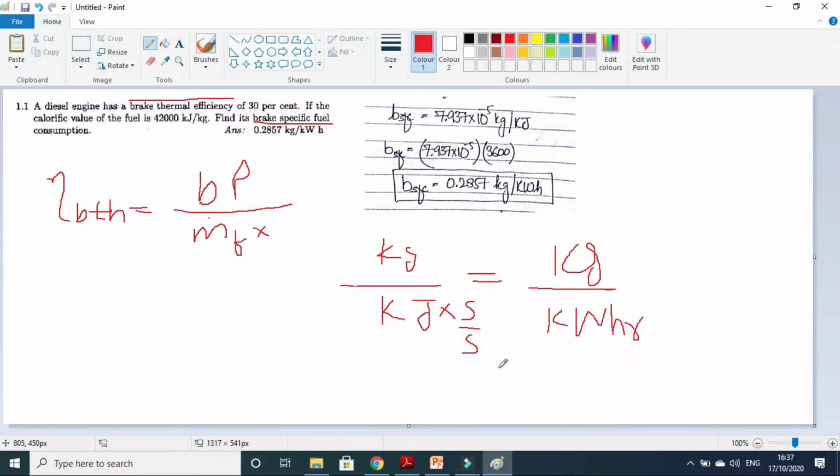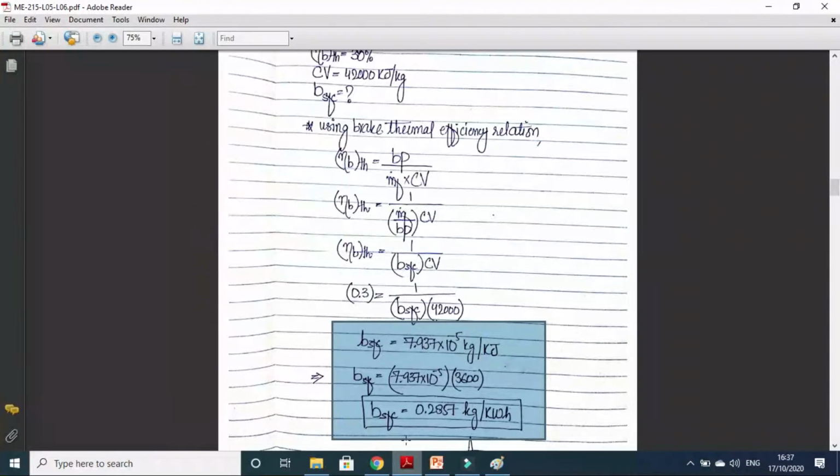You can do this in mathematics. Now what is kilojoule per second? Kilojoule per second is kilowatt, so it will become kilowatt into second. Now you need kilowatt hour, you do not need kilowatt second. So to convert second into hour, you need to divide by 3600, and it is already in the denominator, so 3600 will come at the top and it will be multiplied with the main quantity, which is shown here. That is why you have multiplied with 3600.